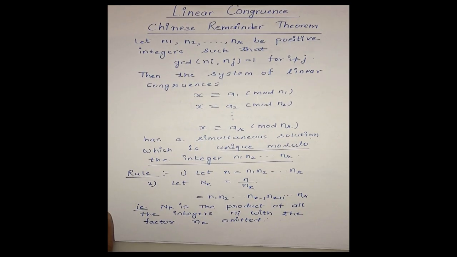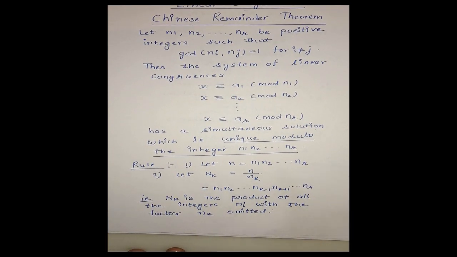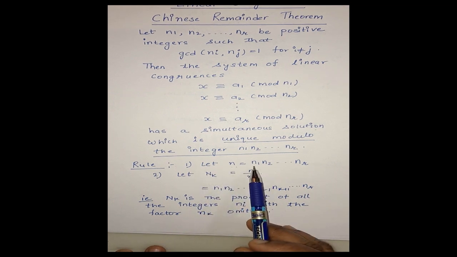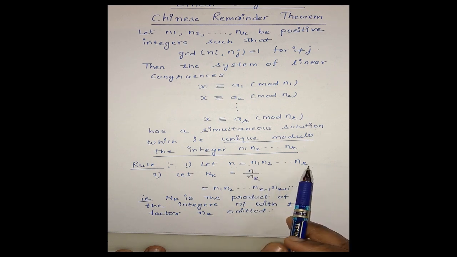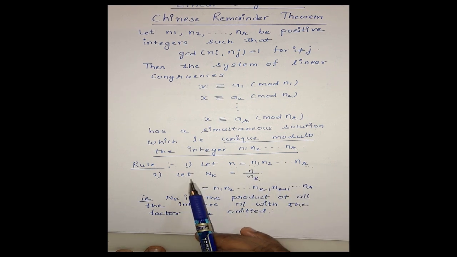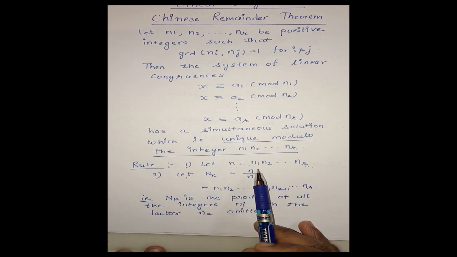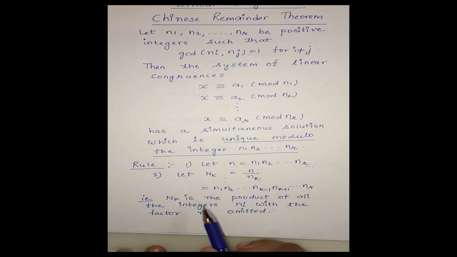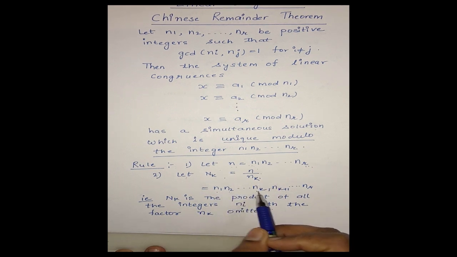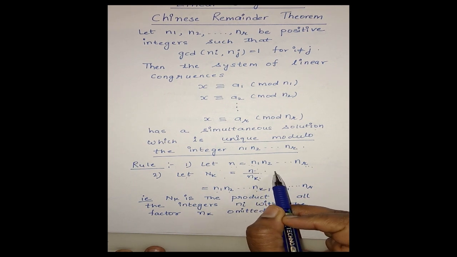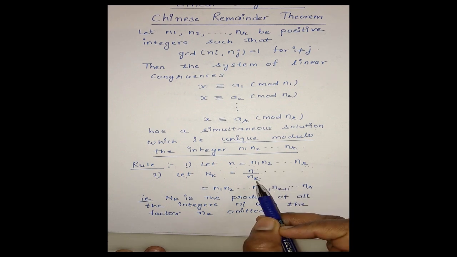To apply the Chinese remainder theorem in solving a system of linear congruences, we will follow these steps. First, let n be equal to n1 n2 up to nr, the product of all the ni's. Next, let capital Nk be equal to n divided by small nk, that is, n1 n2 up to nk minus 1 into nk plus 1 up to nr. nk gets cancelled out.